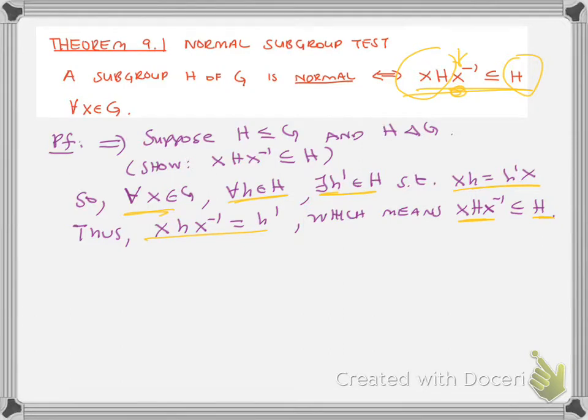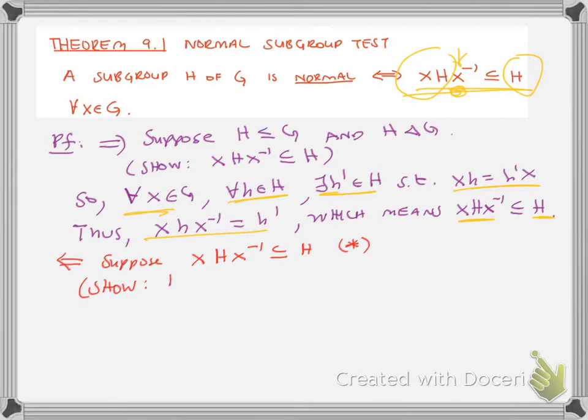Okay. Now, proving it the other way. So now we're supposing xHx^-1 is a subset of H. I'm going to call this star because later in my proof I refer back to it as star.